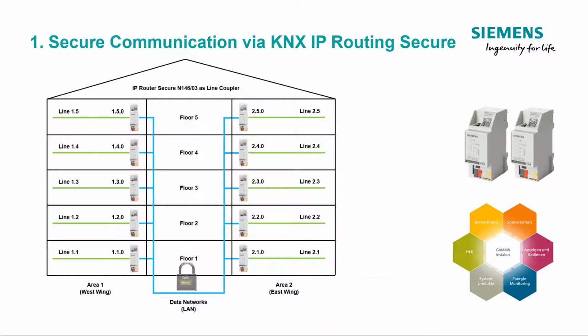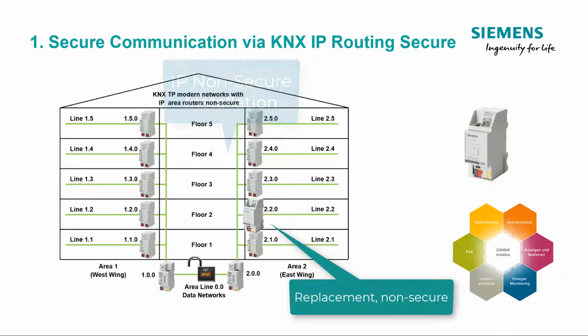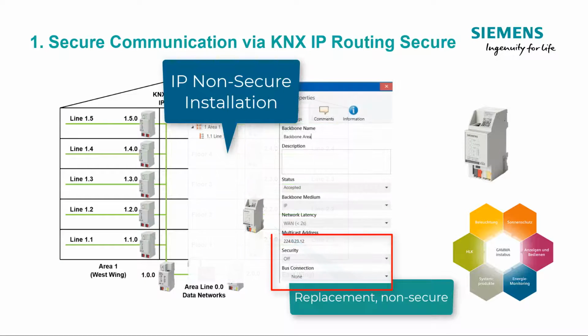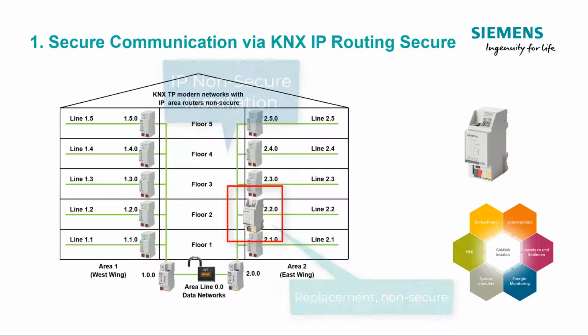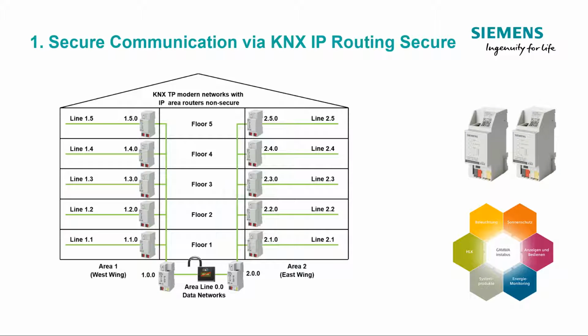This secure transmission method can be deactivated in ETS. This means that this product can also be used in existing systems with older, non-secure IP routers as an expansion or replacement device. In the following section, you will learn everything about the other features of the Siemens KNX IP Secure products.